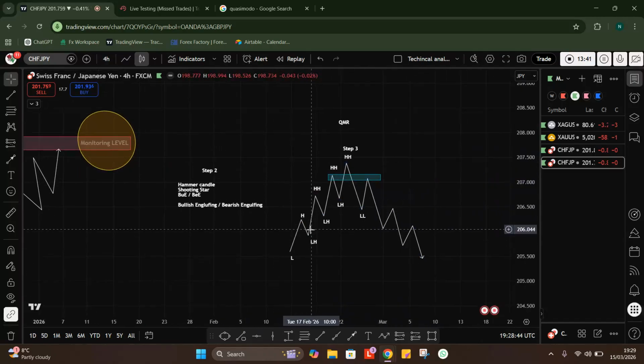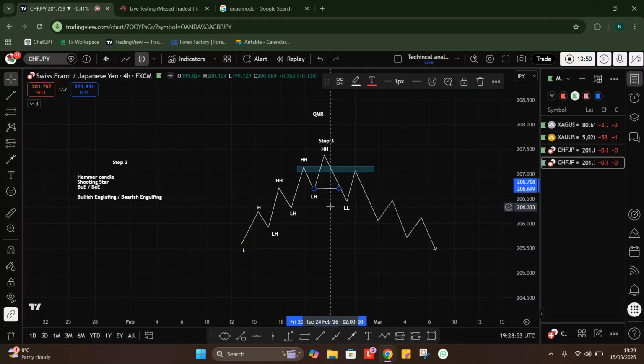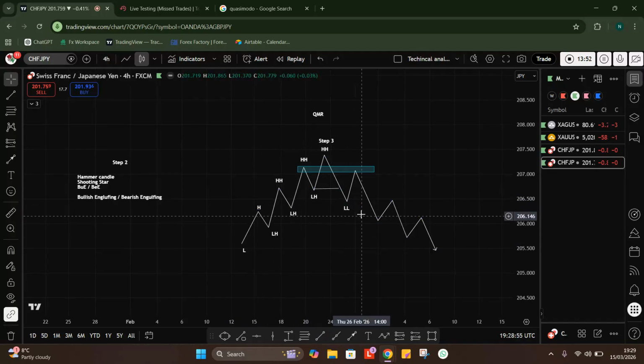So in step three, you're waiting for this lower high to break. This is typically called change of character in smart money concepts, because it's changing the whole trend.